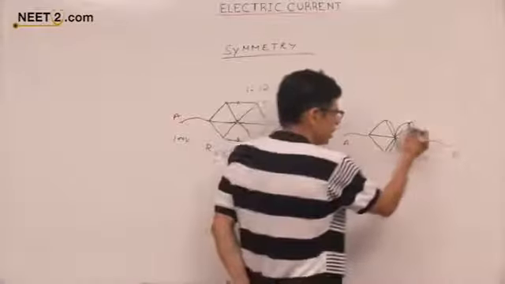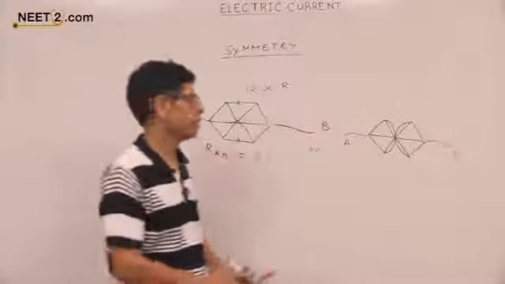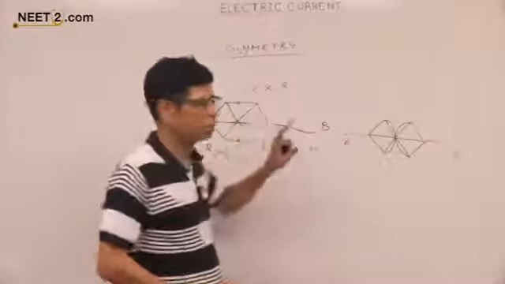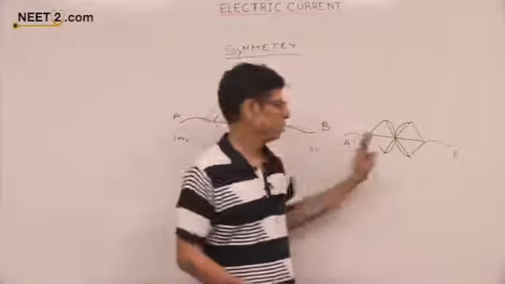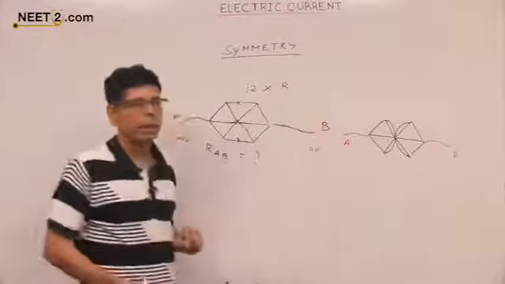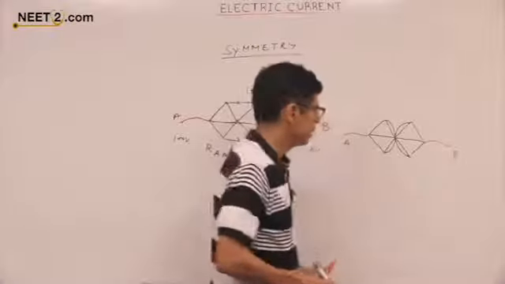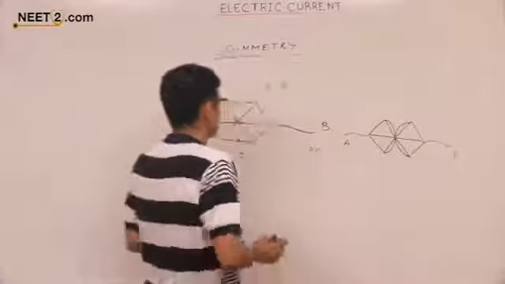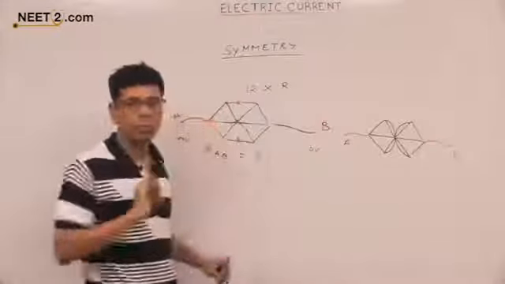Does that change the resistance RAB between points A and B? You may say, sir, until you hadn't touched, it was a different scene. Now you have touched, this is different. And so I don't think this is the same as this. The thing is, if you show this to somebody, by symmetry they'll say this, this and this are equipotential.